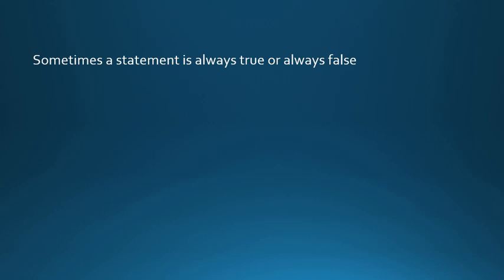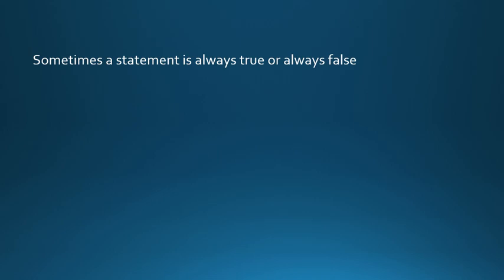Sometimes a logical statement or a logical form is always true regardless of the truth values of the components, or it's always false regardless of the truth values of the components.